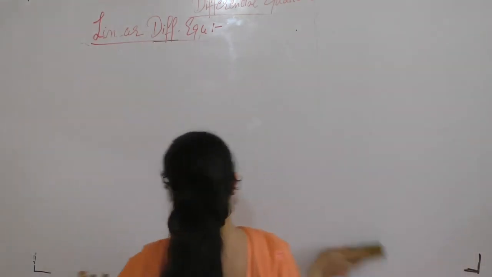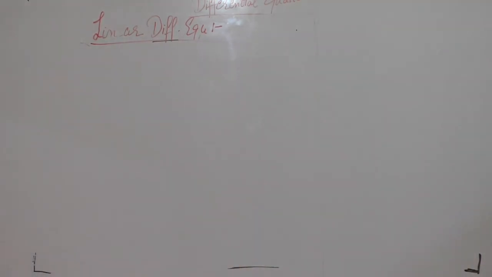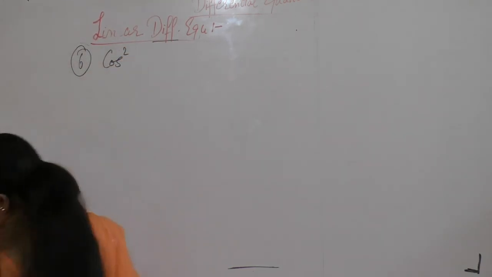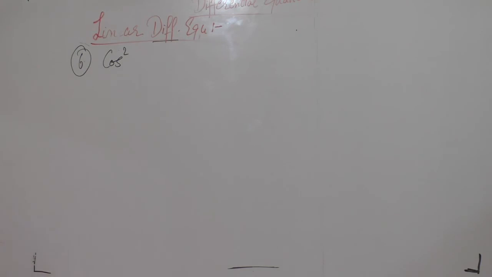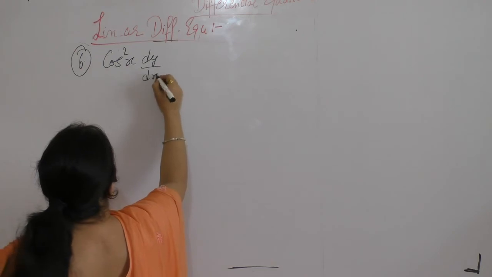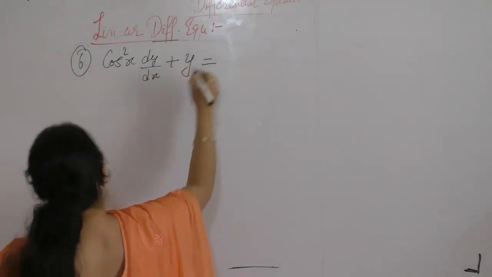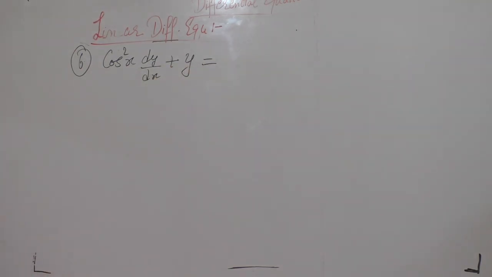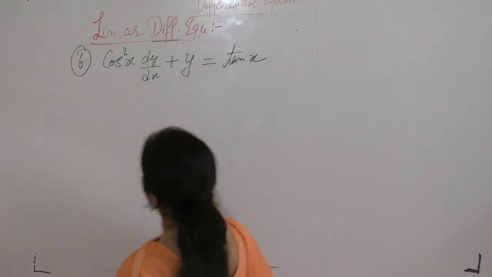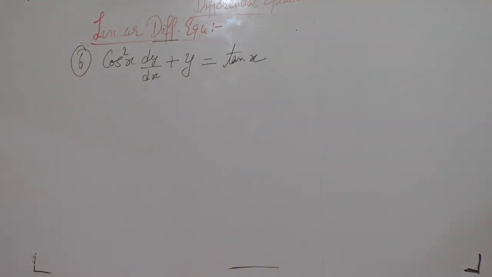Now the next one is question number 6. Solve the differential equation cos square x dy upon dx plus y is equal to tan x.